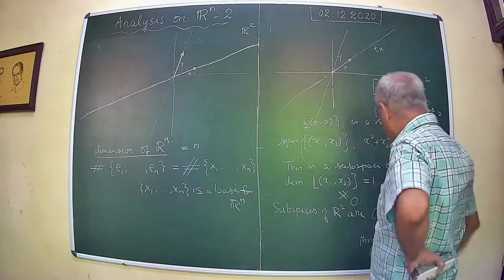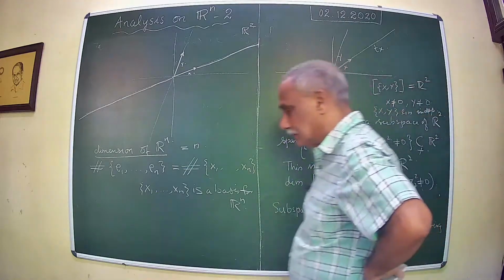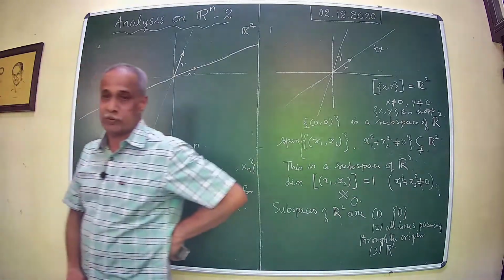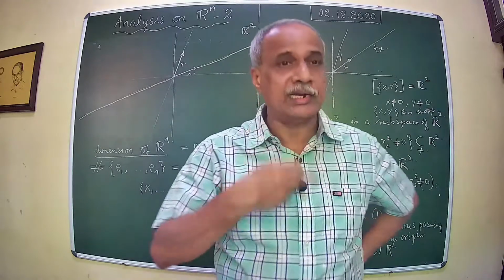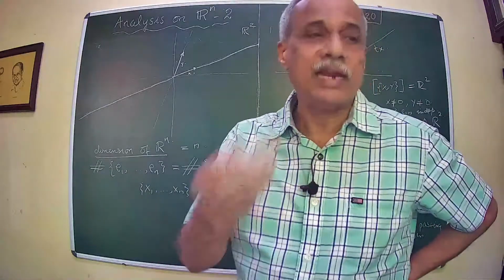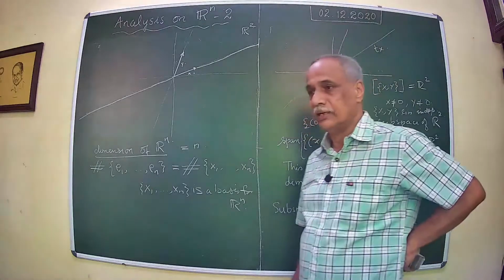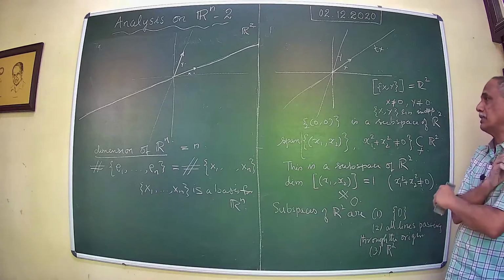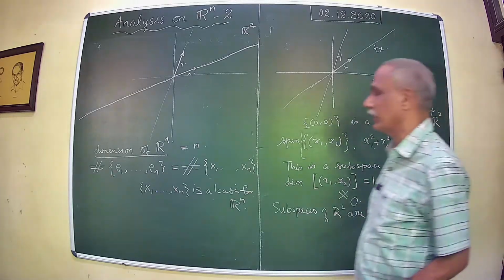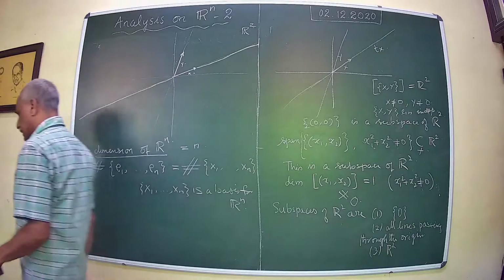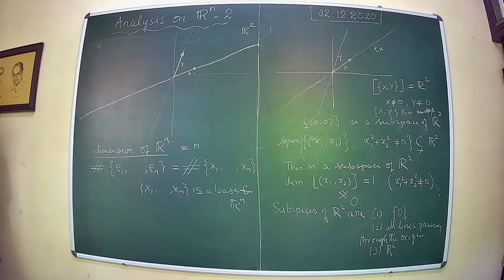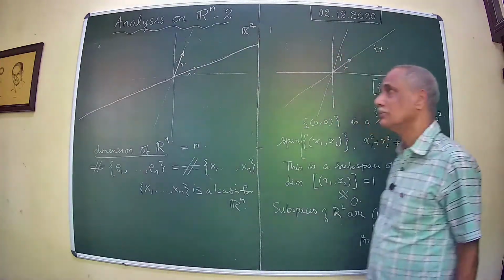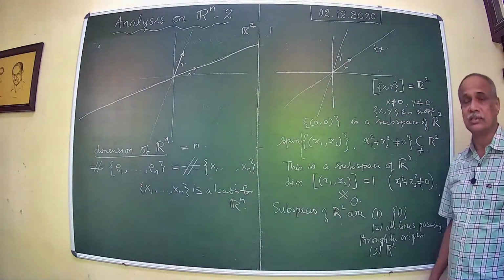So you have a 0-dimensional subspace, a 1-dimensional subspace, and a 2-dimensional subspace. Both 0-dimensional and 2-dimensional are trivial subspaces. A proper subspace that you have consists of all lines passing through the origin. Okay. What about R3? R3 has again 0, which consists of the zero-dimensional subspace.